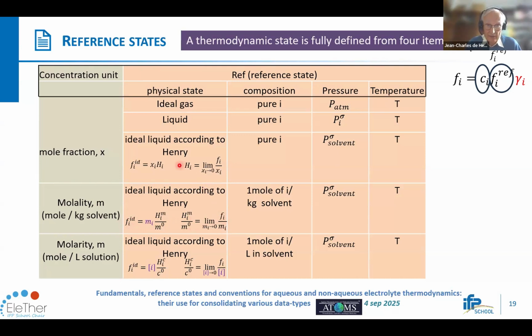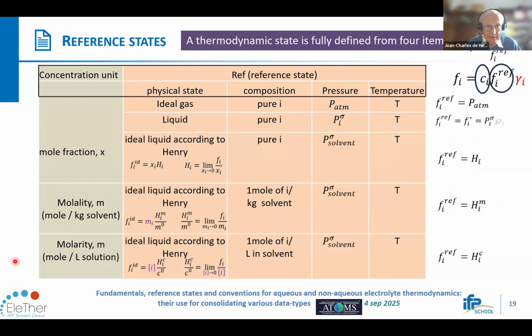This is not the same as the Henry constant in the mole fractions behavior, because if you write molality as a function of mole fraction, you will see that the molar mass of the solvent appears. And if you work with the concentrations, you will see that the volume of the solvent appears.